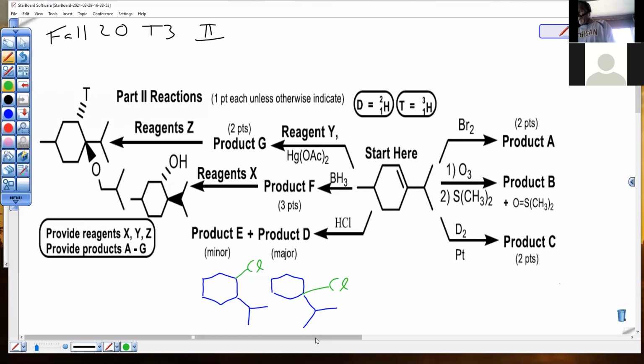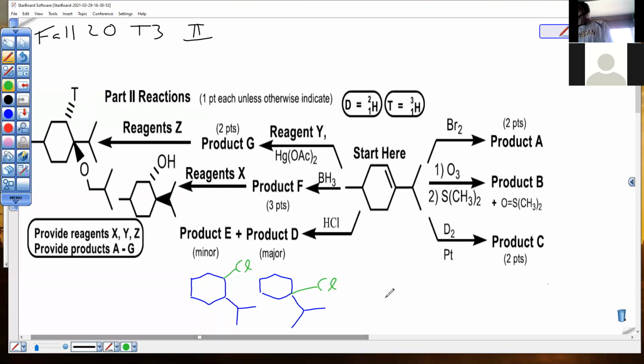D2 and Pt is one of the later reactions in chapter 6. It's called hydrogenation. Here we're using deuterium so that you can show me that this is one of the reactions with syn stereoselectivity, which delivers the two new deuteriums to the same side of the ring.